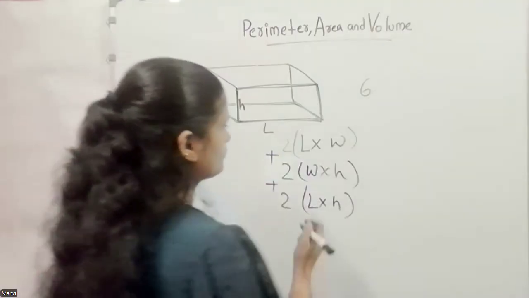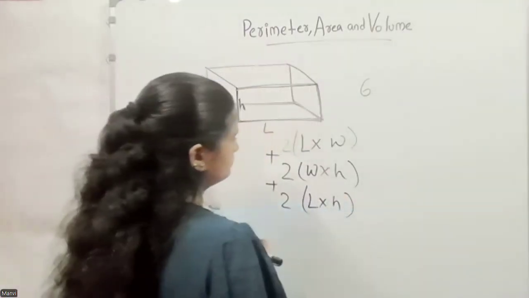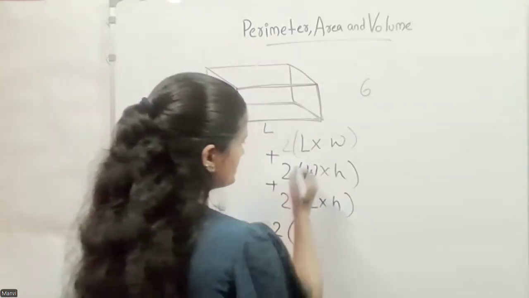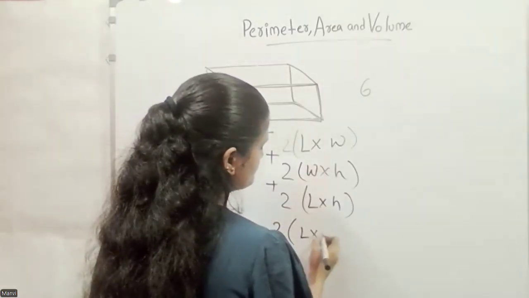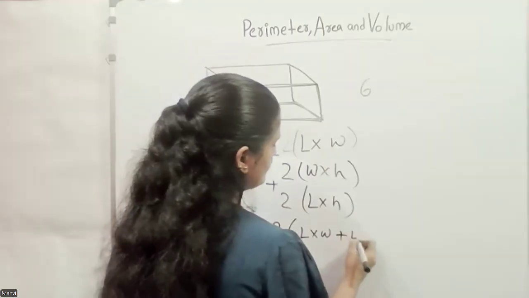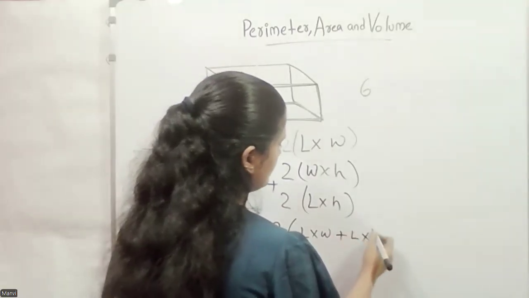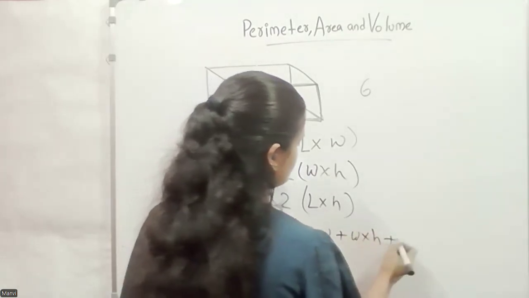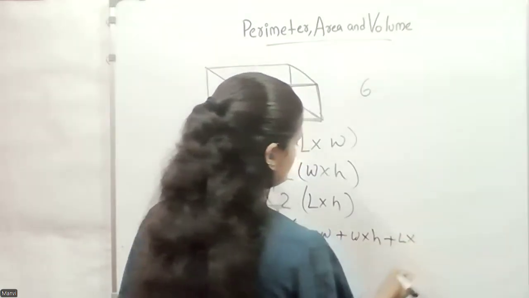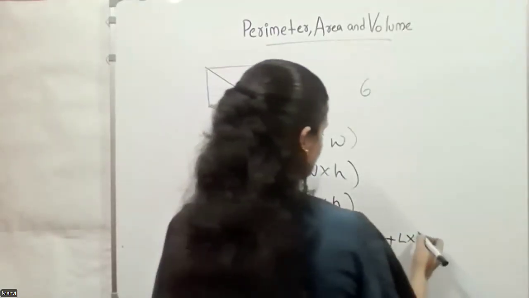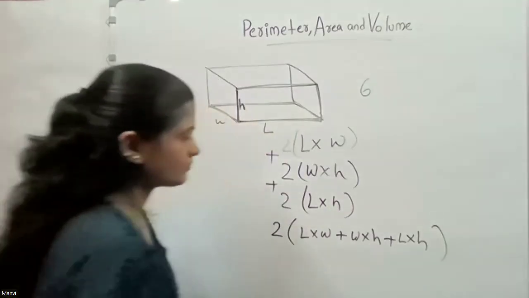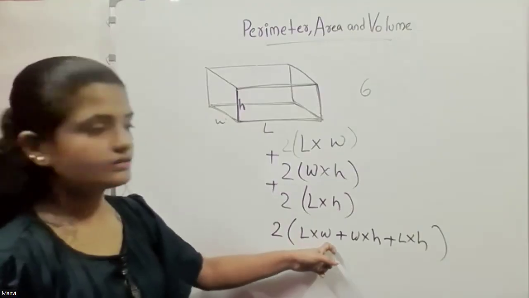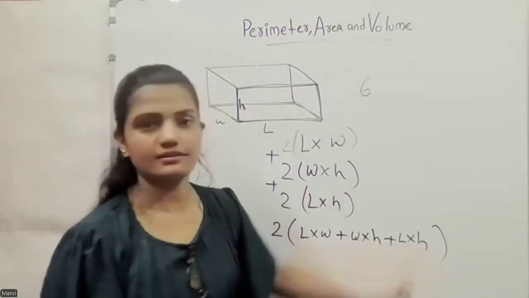So we can write this 2 on the outside. Now we have length times width plus width times height plus height times length. Okay, so we can write it like 2 times length width, width height, and height length.